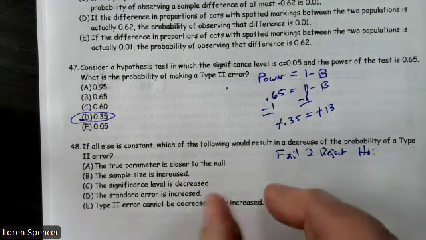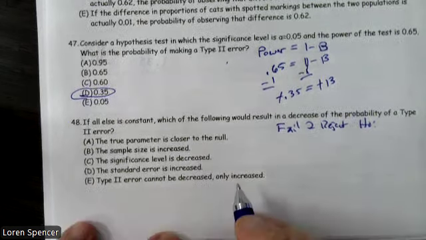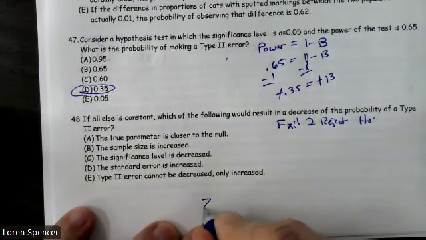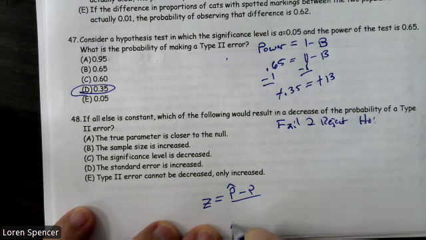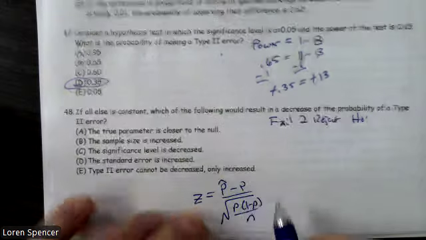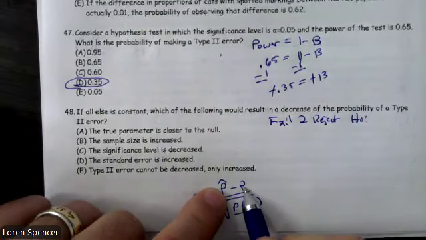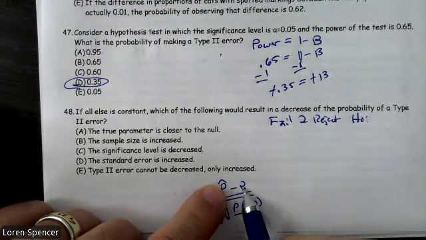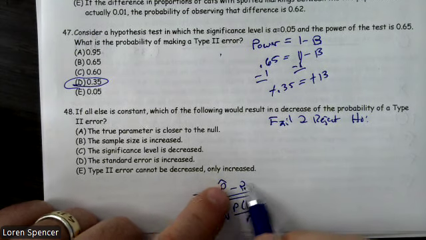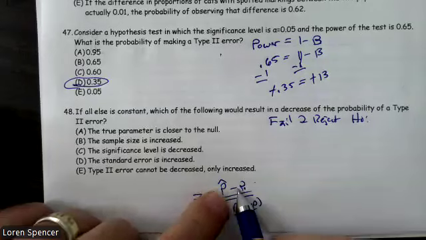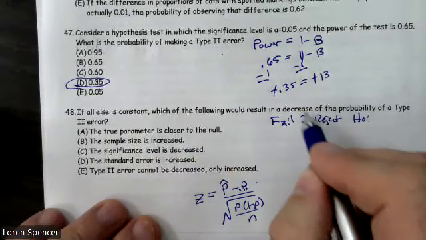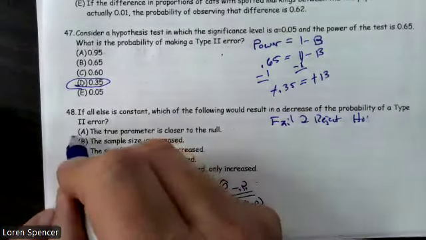No, we want them far apart. Once again, I've talked about this before. If we had Z equals P hat minus P over the square root of P times 1 minus P over N, the further they are apart, the more likely I am to reject. So I need them far apart. If they're close together, I'm more likely to fail to reject. And so I need to decrease it, not increase it.